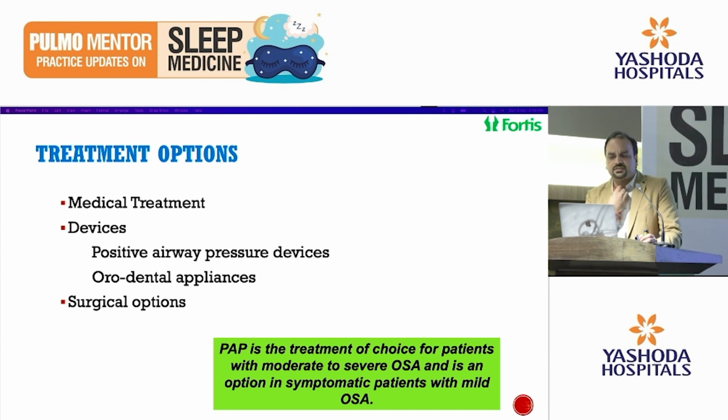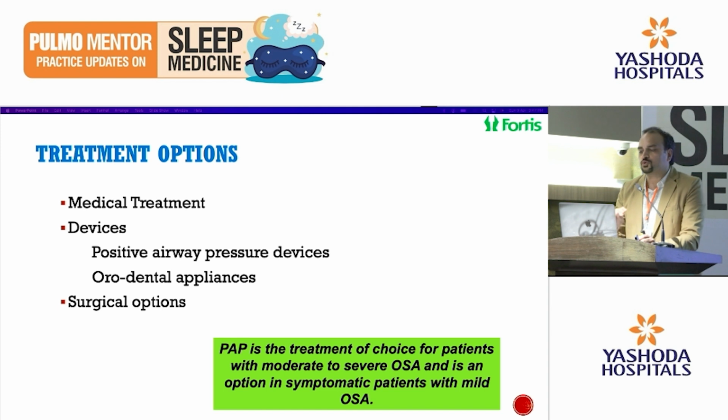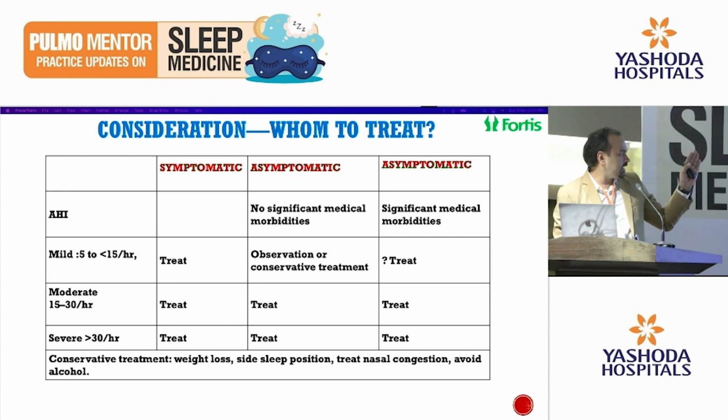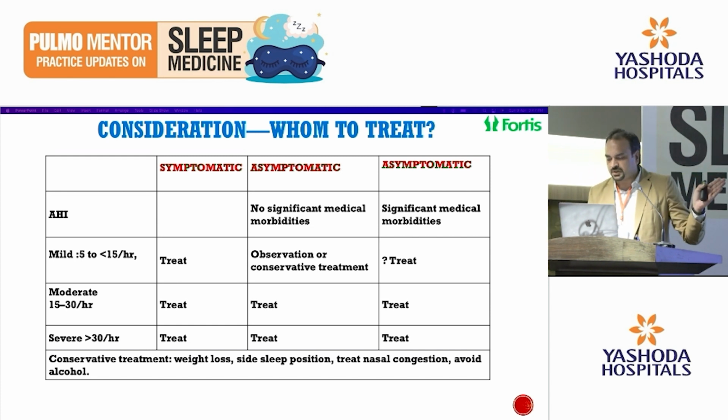We have devices in terms of positive airway pressure, which is the main talk here, and oro-dental appliances, and we have surgical options. PAP is the treatment of choice in most moderate to severe OSA patients, and in mild OSA patients there are some ifs and buts. But when we talk about considering PAP therapy for our patients, we have AHI on one axis and symptoms on the other axis.